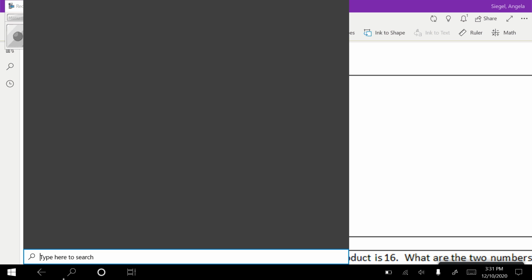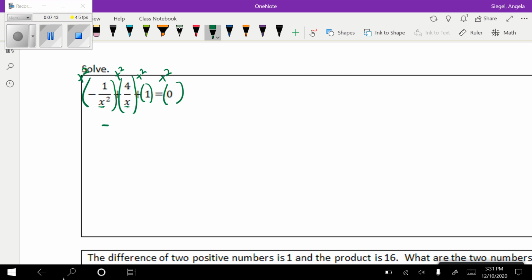So I have -1. And then notice that these cancel out, and this cancels out just one of those x's. So I have plus 4x, and then I have nothing to cancel out down here. So I have plus x squared equals, and again, that's 0. So I'm just going to clean this up a little bit.